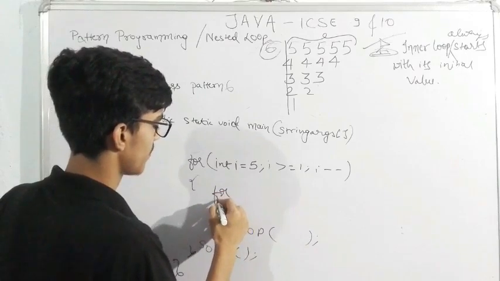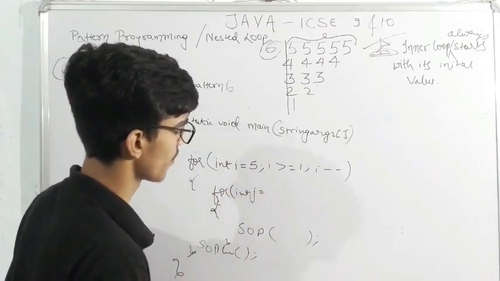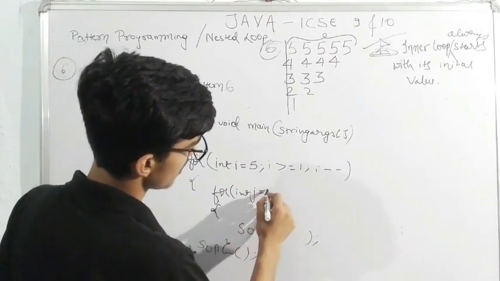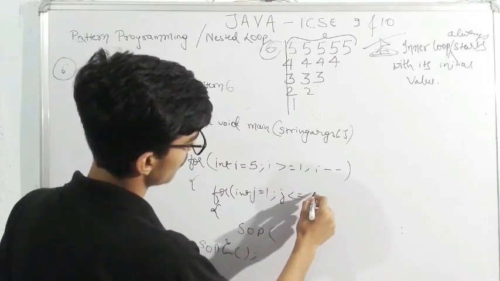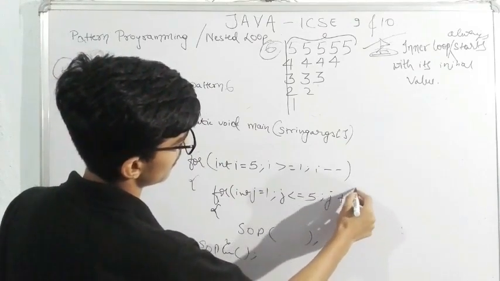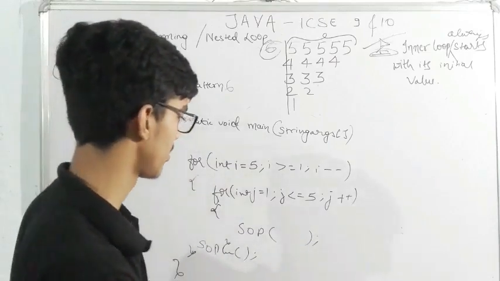Now I is more than or equal to 1 and I minus minus. Now for int j, what will we write here? Now j is 1, j is less than or equal to 5 and j plus plus. We will write this afterwards.